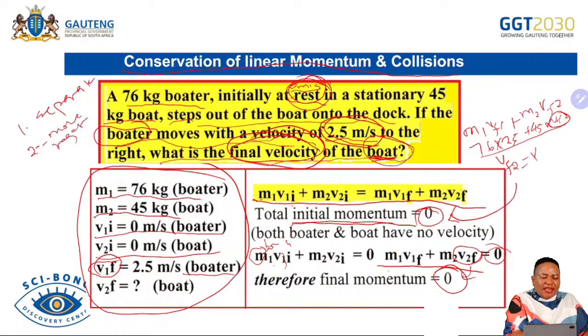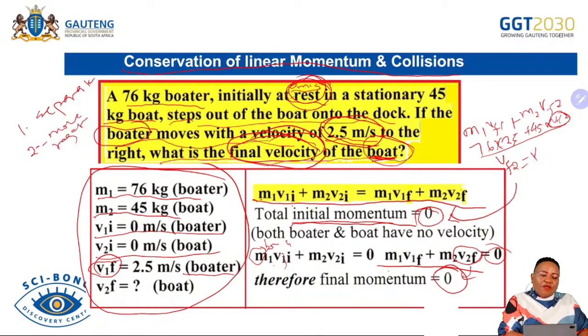Some of the textbooks will definitely confuse you. They will add the masses of the two objects, and you'll wonder why the masses are added. Remember, as they are moving together, they will both move with the same velocity, so their masses will be added and they will have one velocity.